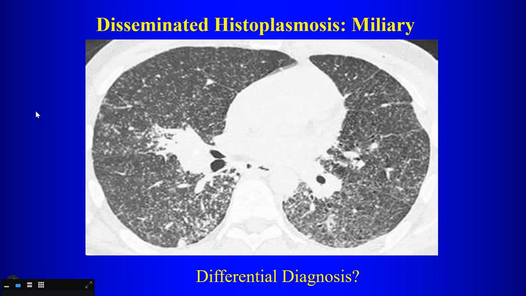Also in the differential for random distribution of nodules besides infection is? No, that gives you interlobular septal thickening. No, that doesn't give you tiny nodules. Where have you guys been for the last year? Not miliary TB. I said besides infection. Hematogenous.